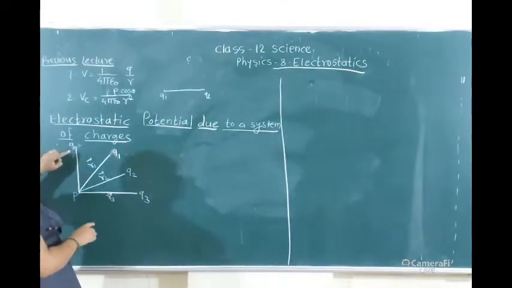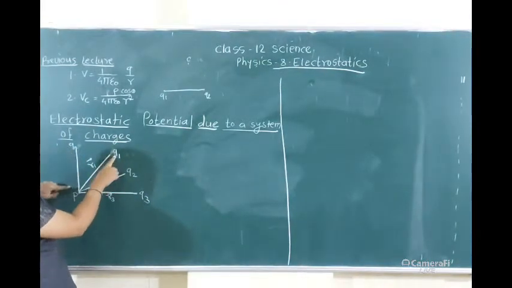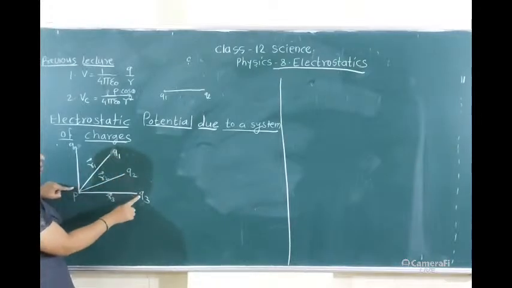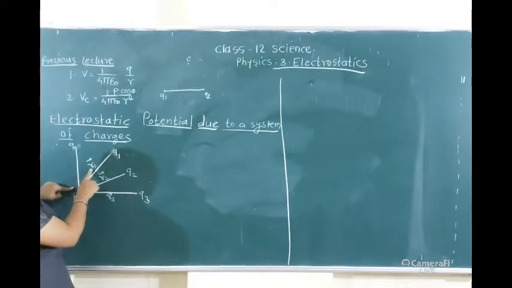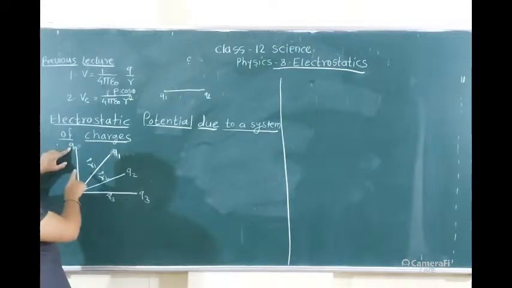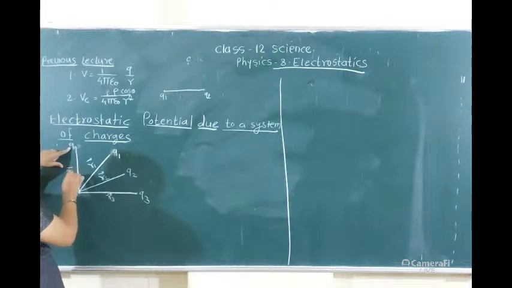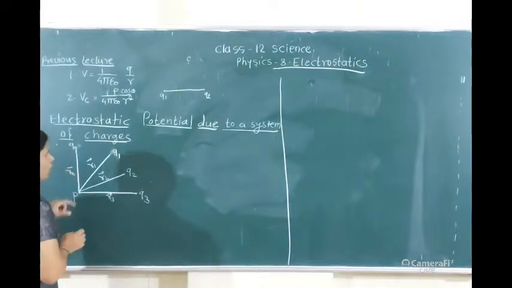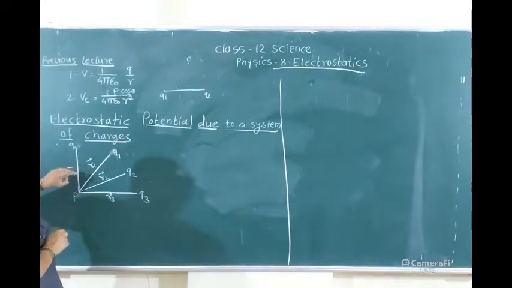Now consider these charges Q1, Q2, Q3 at distances R1, R2, R3 from the point P, and the charge Qn at a distance Rn from the point P. So we have to find the total electric potential of these charges at the point P.